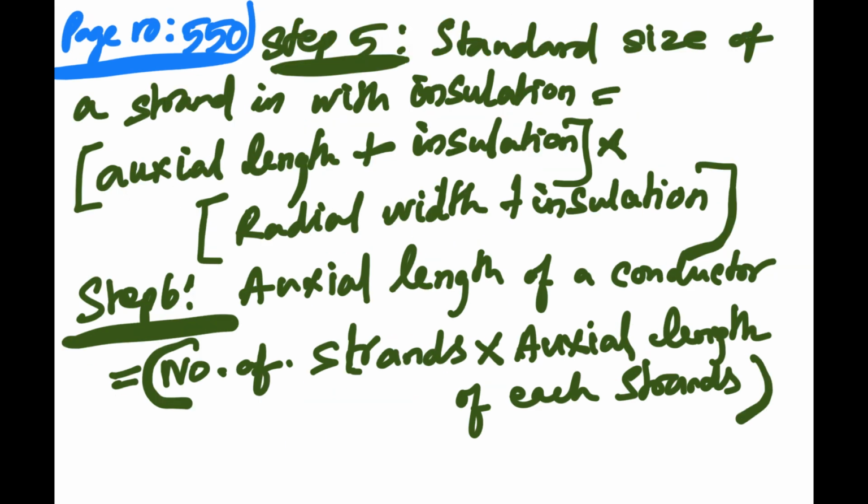Step 5: standard size of a strand with insulation is equal to (axial length plus insulation) into (radial width plus insulation). The bracket is very important.